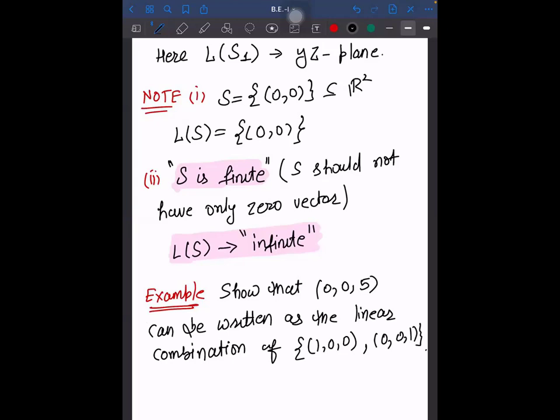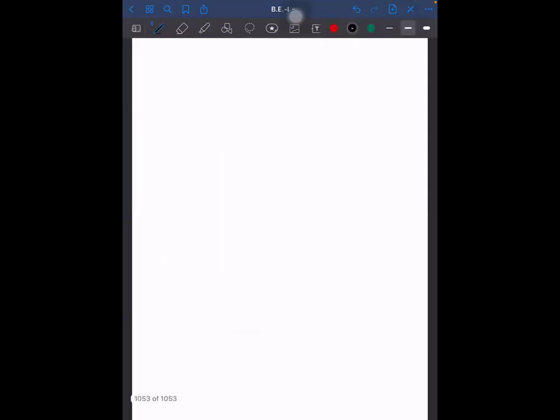So how can we do it? Let's understand. We know that the linear combination of these vectors can be written in this way: alpha 1 times (1, 0, 0) plus alpha 2 times (0, 0, 1).